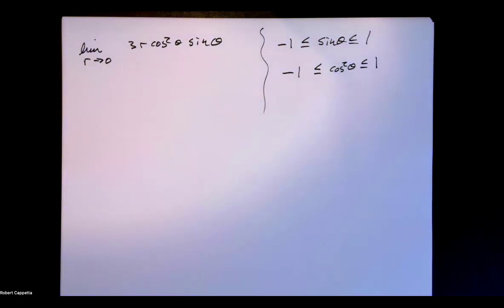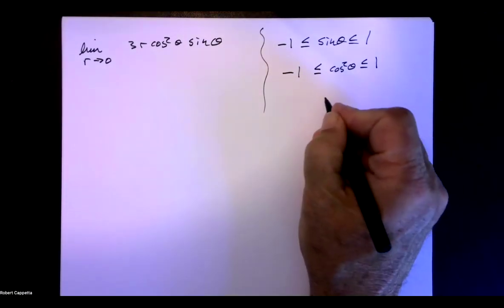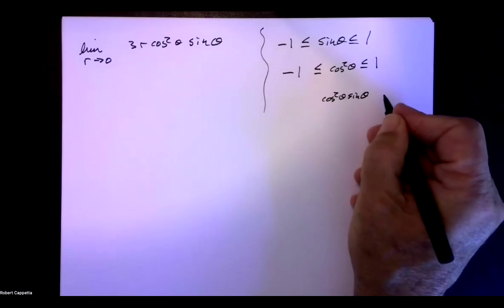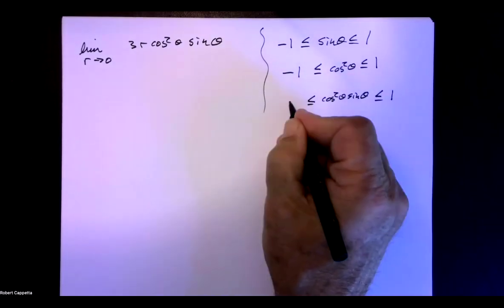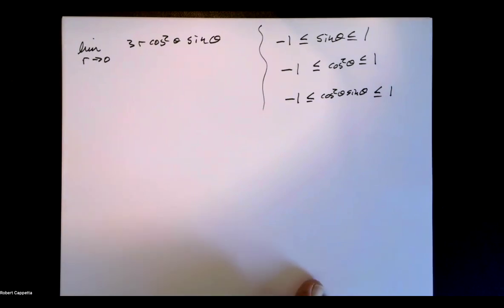That's also true. So what can we say about cosine squared theta times sine theta? There's no way this gets any bigger than 1, and there's no way this gets any smaller than -1. And that will be sufficient for us to determine how this limit is going to work.